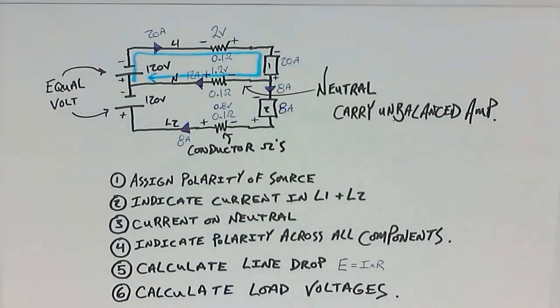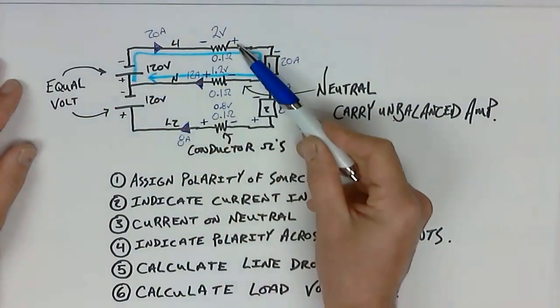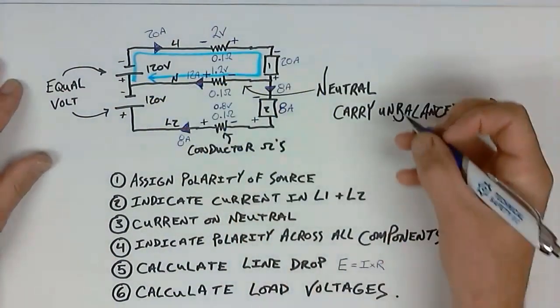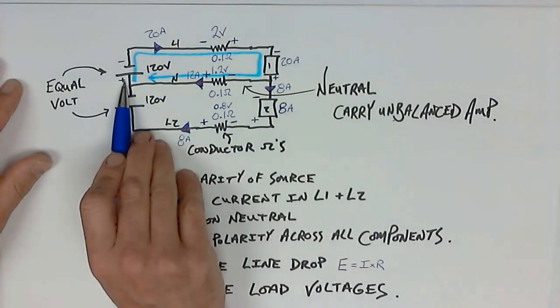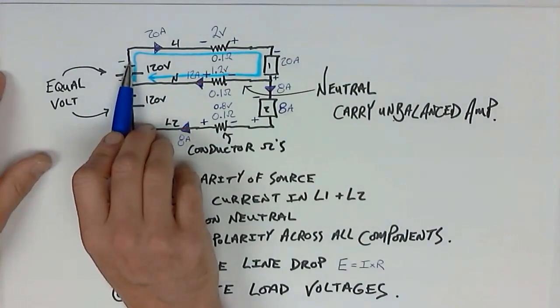Now, what is that voltage? How are they all going to work? Well, the purpose in doing a loop is to account for every single polarity. So let me show you how that works. I'm going to start here. The first polarity that we encounter across a component is going to then be used as the polarity for the component.